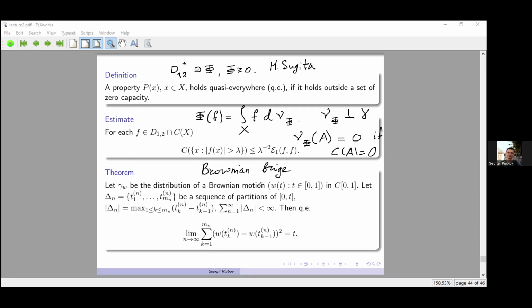However, it has all properties of the Brownian motion that hold quasi everywhere.